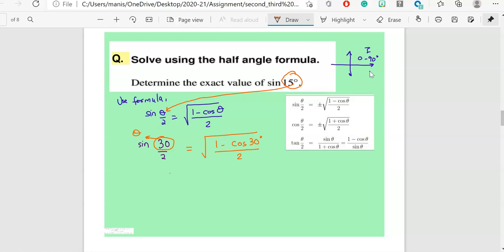So I have to write it in such a way that when I divide by 2, I end up with the same answer. So I got this answer. Now after this, I will plug in the values, 1 minus. Now what is cosine 30? If you use the unit circle, cosine 30 is radical 3 over 2. You can check it. Radical 3 over 2, and everything is divided by 2.